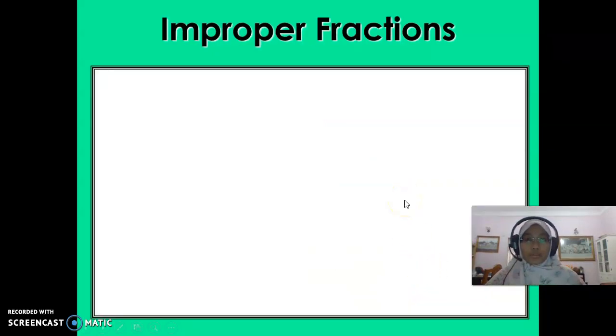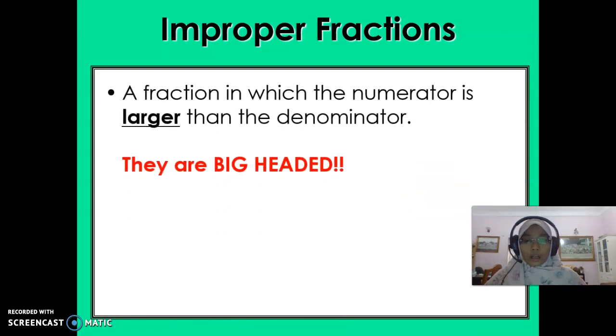Improper, we will go first to improper fractions. Okay, like we mentioned just now, improper fraction is a fraction where the numerator is larger than the denominator. Okay, one way for you to remember is they are big-headed.